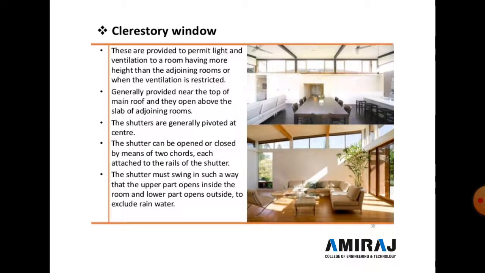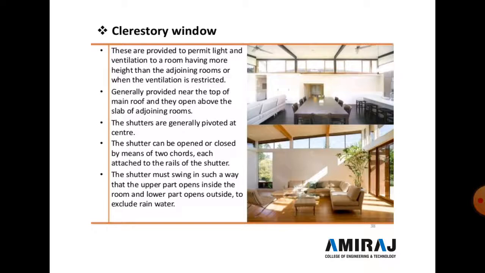Now the next type of window is a clerestory window. These are provided to permit light and ventilation in a room having more height than the adjoining room, or when ventilation is restricted. They are generally provided near the top of the main roof and open above the slab of the adjoining room.